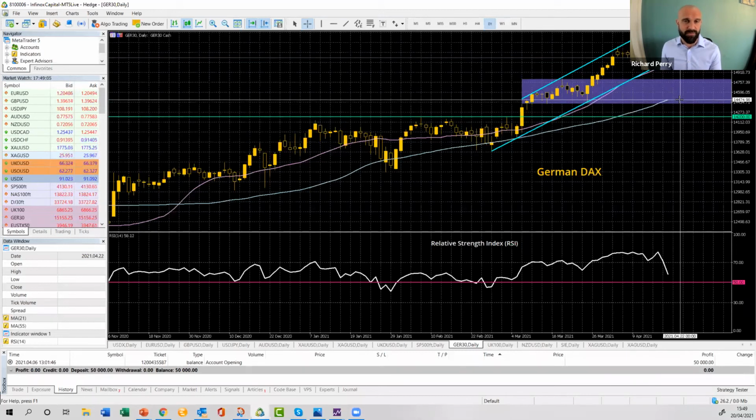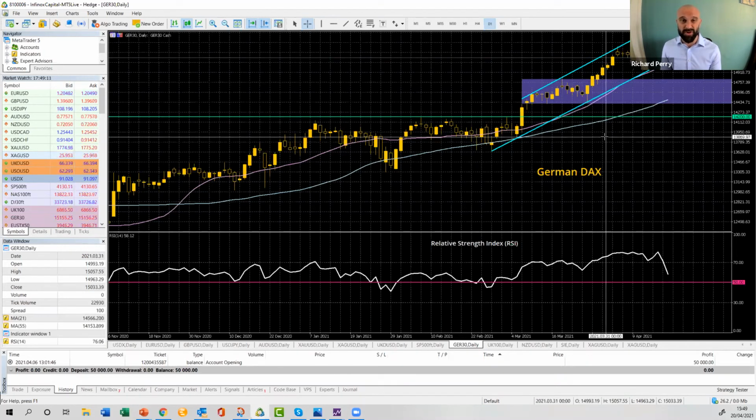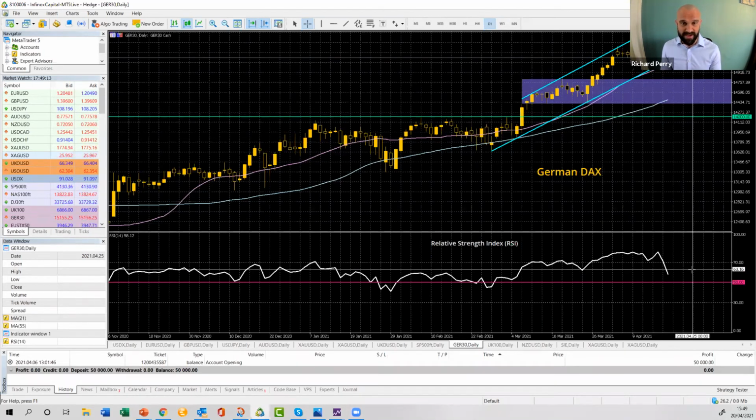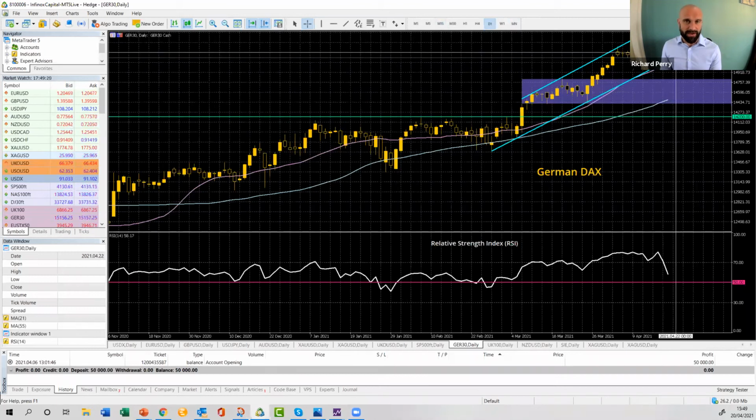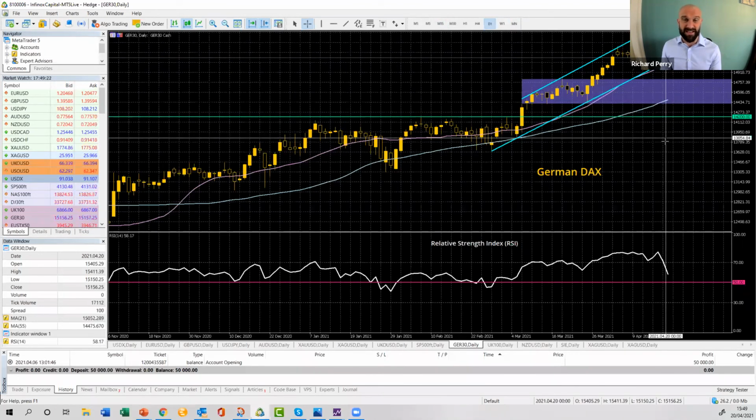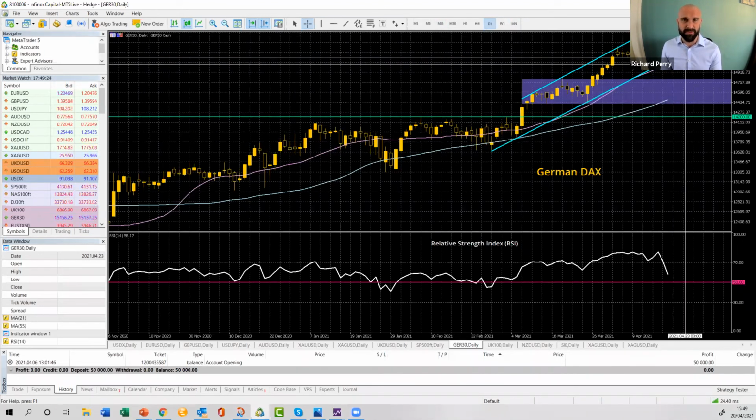This is the 55-day moving average. If that 15,150 area of support is decisively breached, we could see a quickening, because already that RSI is leading that move lower on the DAX, and that does not look all that great. That move to the downside on the DAX today looks like a pretty significant move.